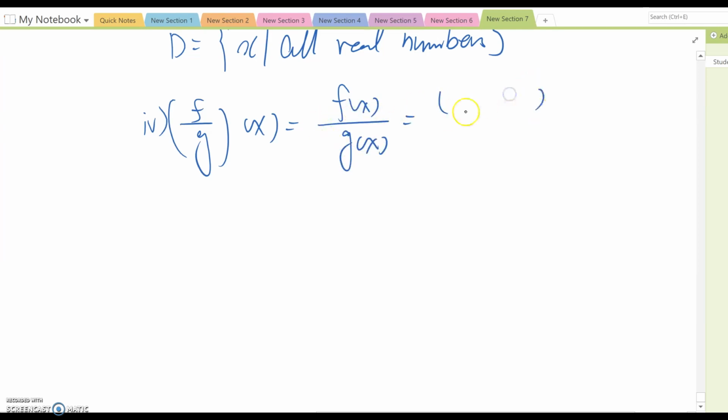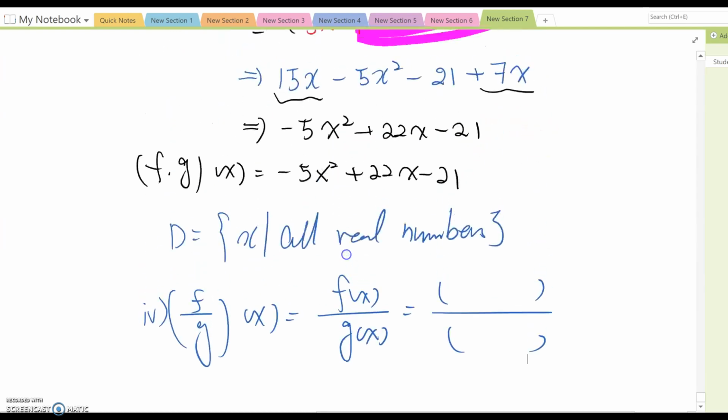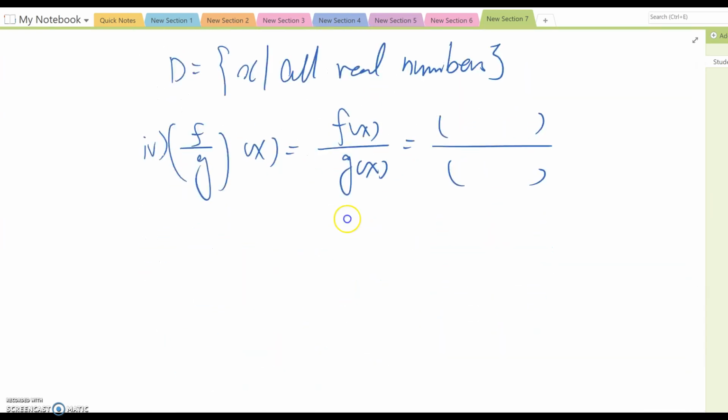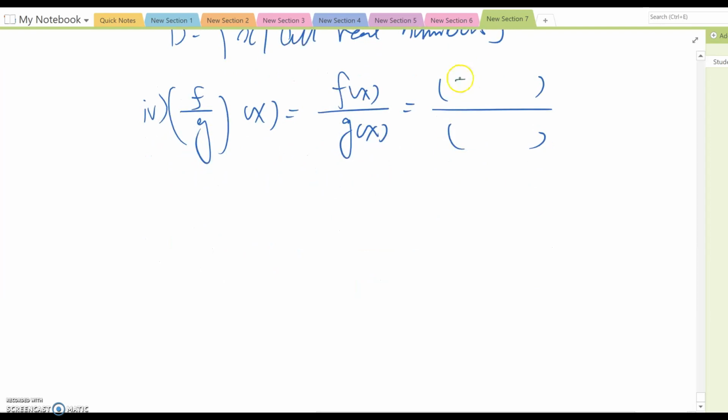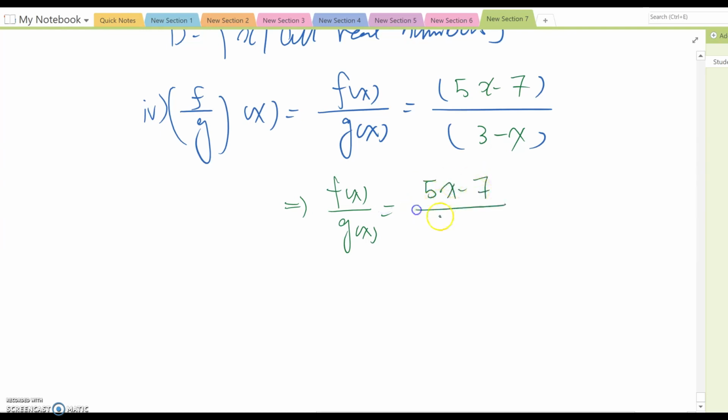So that equals (5x minus 7) over (3 minus x). Here, please be careful: you cannot cancel this term and this term because they are binomials, so you cannot do that.